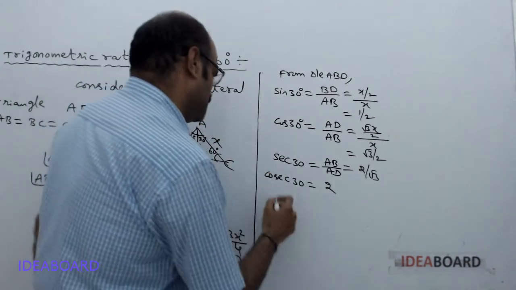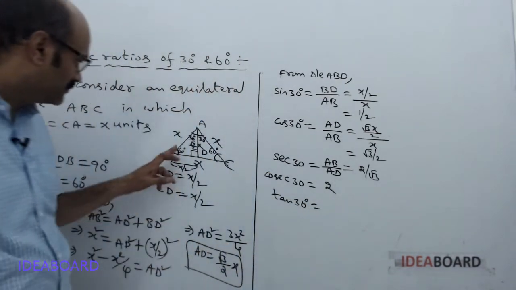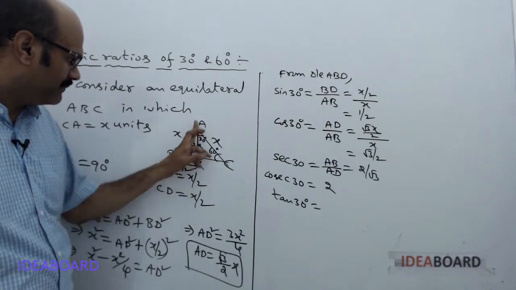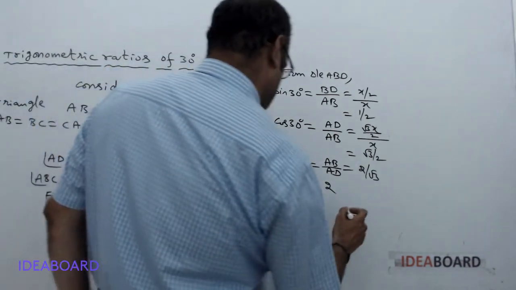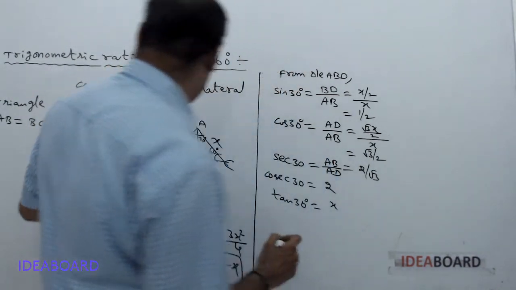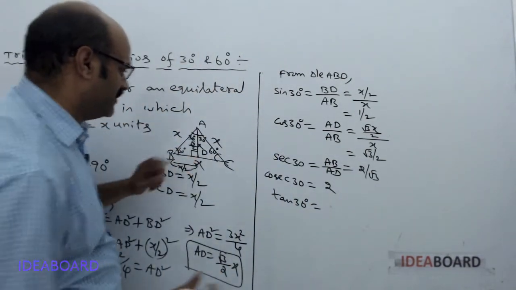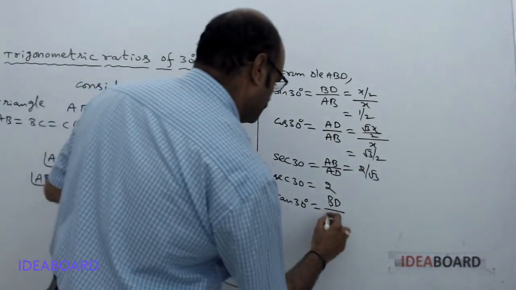Now tan 30 degrees equal to opposite side by base. Opposite side is BD, so BD by AD.